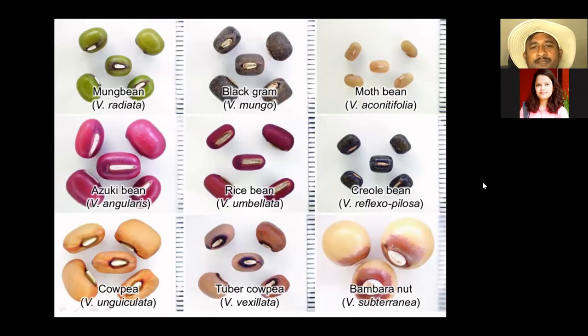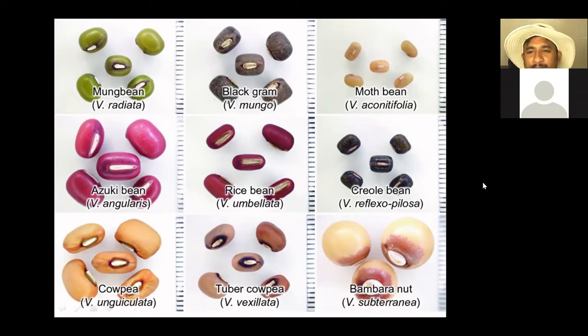And how many have seen black gram? Satish, you have seen black gram? Yes, sir. The black gram seed coat color will be black, and the split dal color is white. And there is another species, Vigna aconitifolia.